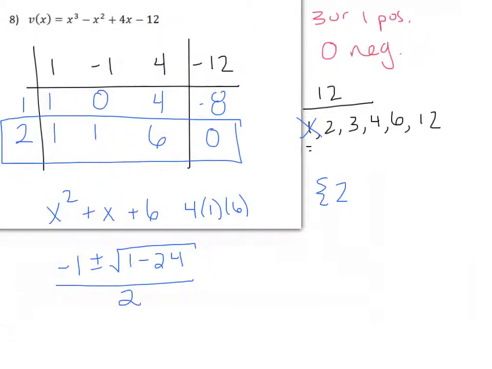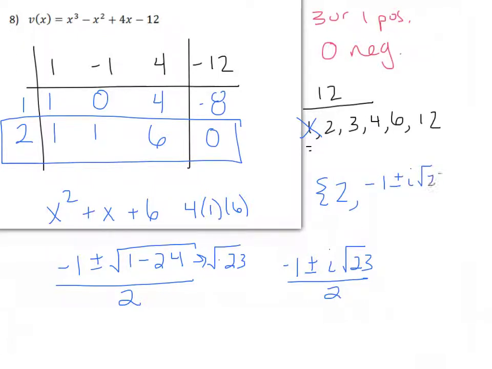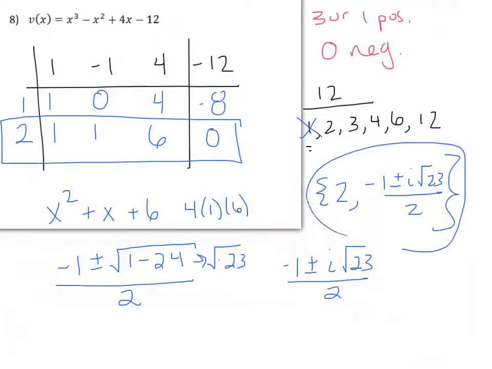Well, 1 minus 24 we know is really negative 23, so this would be negative 1 plus or minus i square root of 23 over 2, and that we cannot simplify at all, so that would be our other solution. Negative 1 plus or minus i square root of 23 all over 2. So we should have a total of 3 solutions here because this was an x to the third, and we have a total of 3 solutions. So that is roots and zeros.